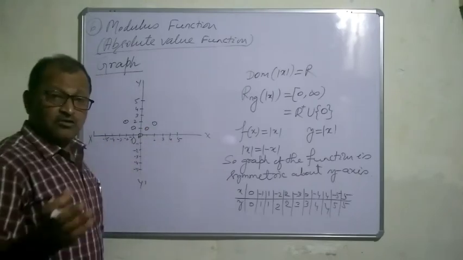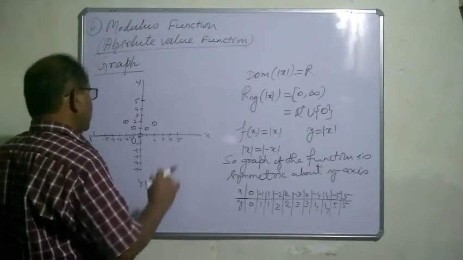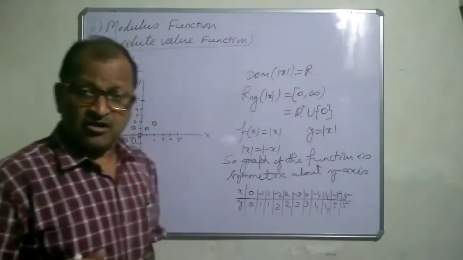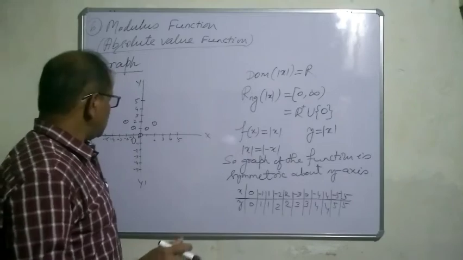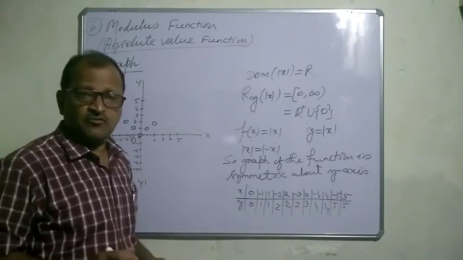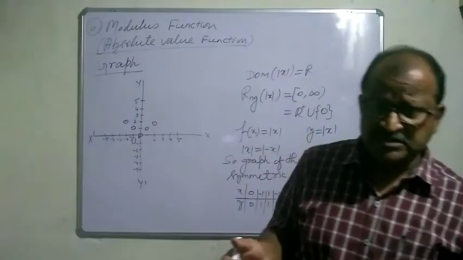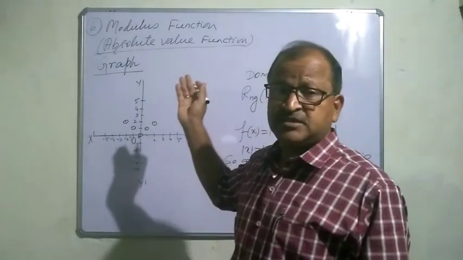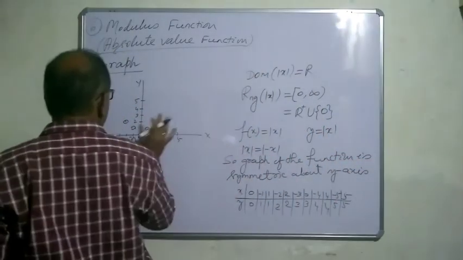If you use graph paper, the graph will be more accurate, but I am drawing a rough sketch, so it may not be exact. In exams also, sometimes you are asked to draw a rough sketch of the graph. So you will do it like this.